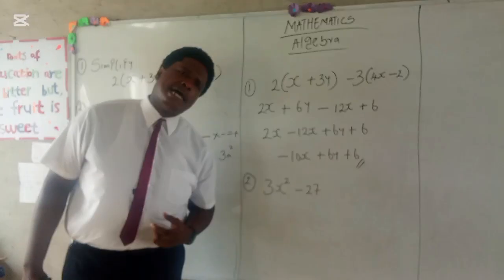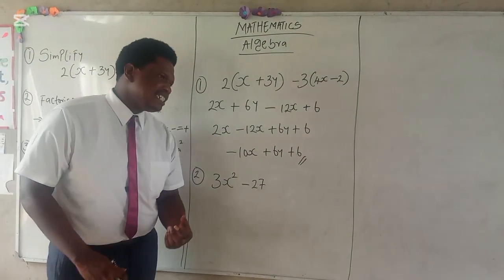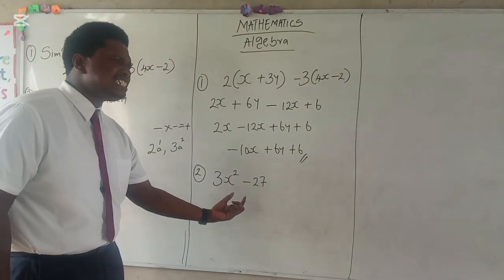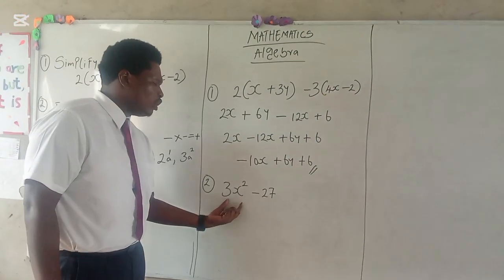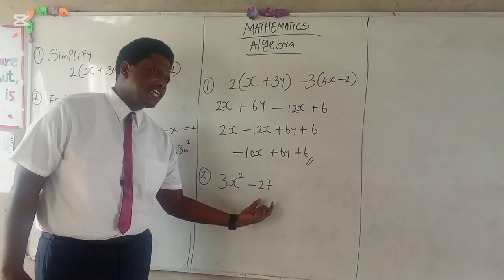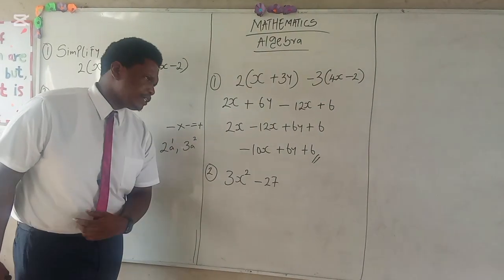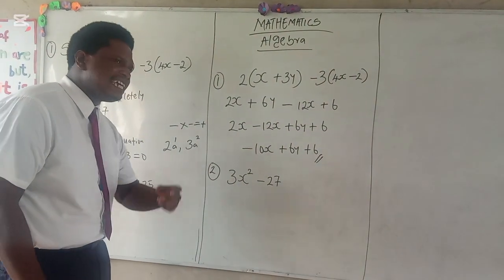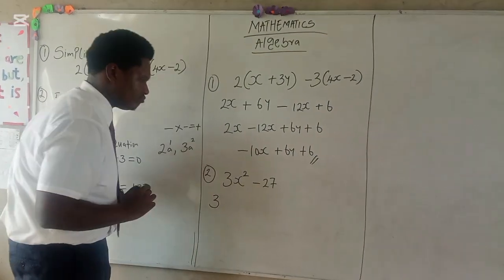Now the first step we are going to look at is finding what is common. What do we mean? What can go through this term to give us a whole number, and also this term to give us a whole number. And if we look at this expression, what is common here is 3.